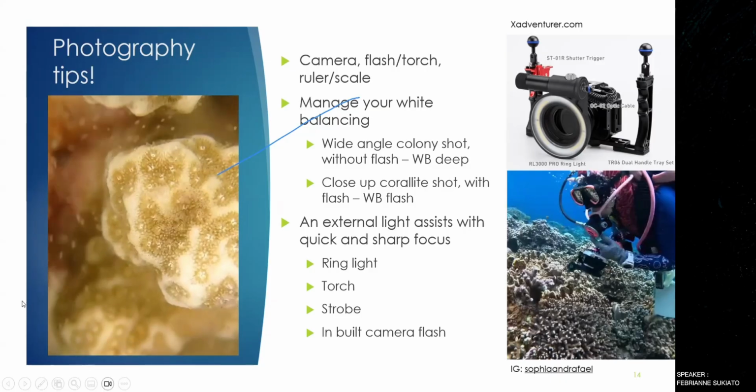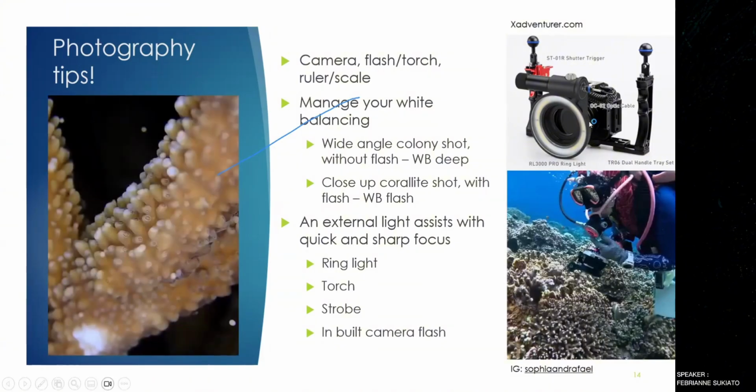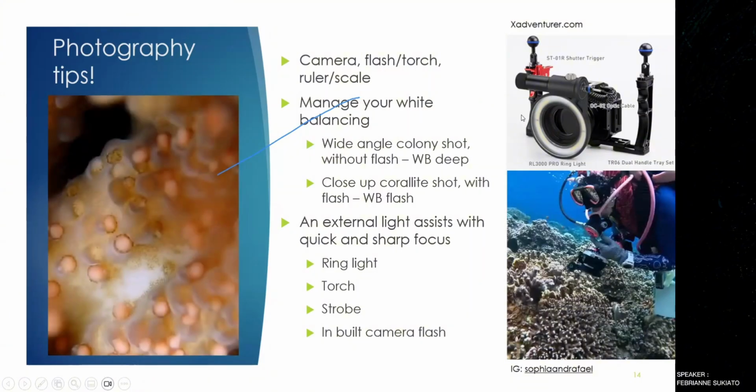When you look at this video here, I manage it with a ring light. This is the ring light that I use, with a TG7. You just screw it on. It's a plug and play kind of situation. It doesn't need to have the strobe lighting or anything. Just keep it on during the dive, and then you can get the crispest shots because you illuminate it.